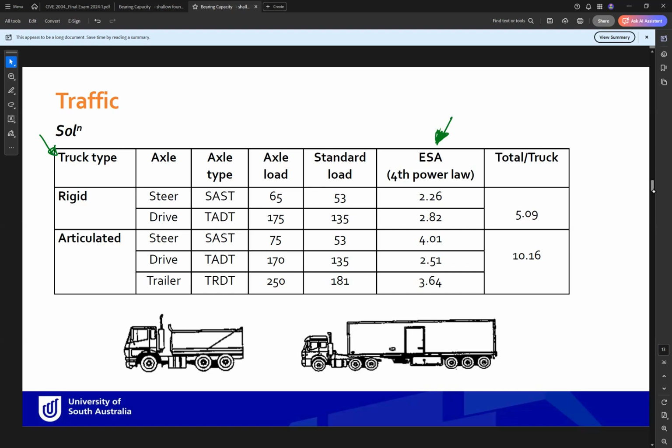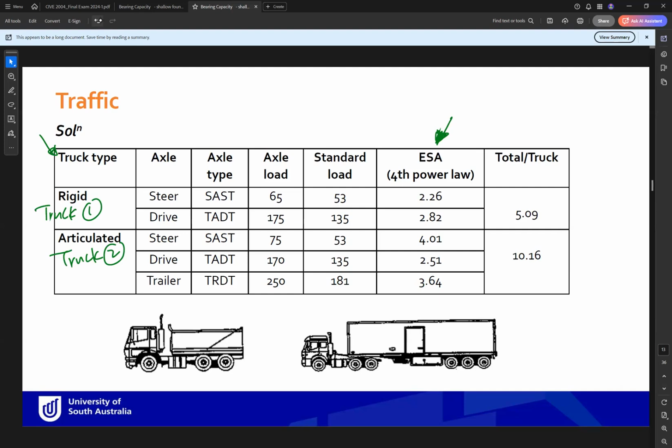We might have a small one or a big one. If you have more than one truck, you need to do it for truck 1, for example truck 2, and so on. For each truck, you will need to get the ESA for each axle.